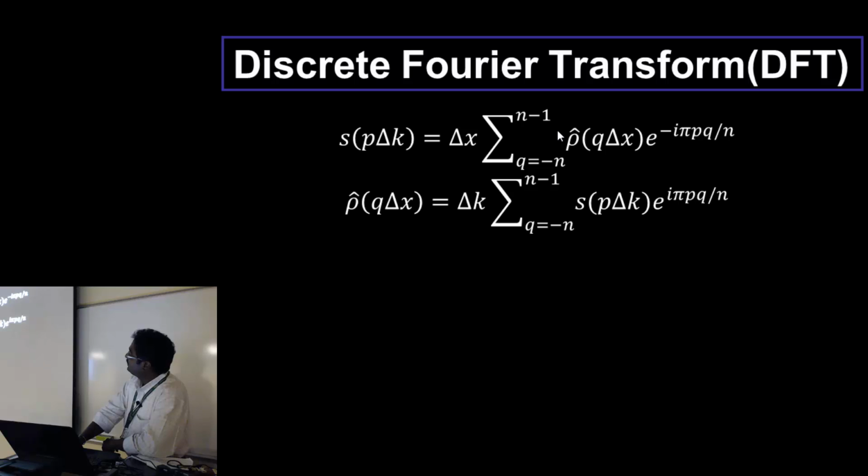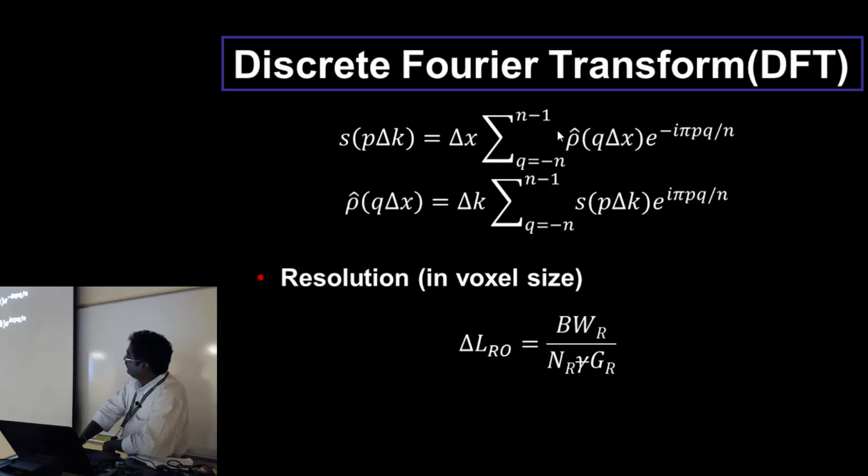Okay, so this is the corresponding conjugate expression for the image space. Basically, you're doing the inverse Fourier transform, and your voxel size is basically delta L. You can write this in any number of ways, but n times delta L is your field of view, right?